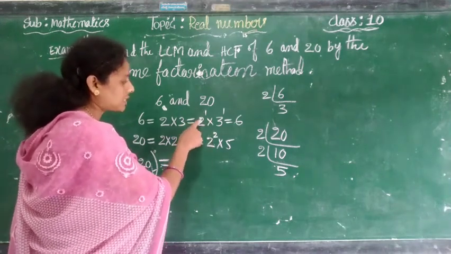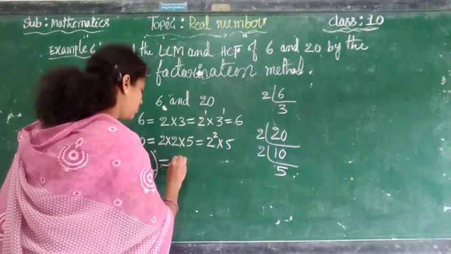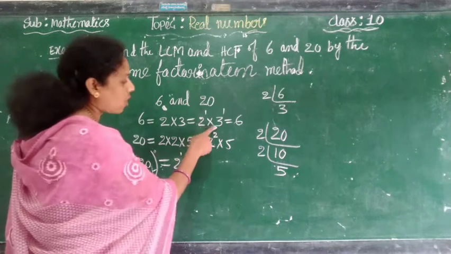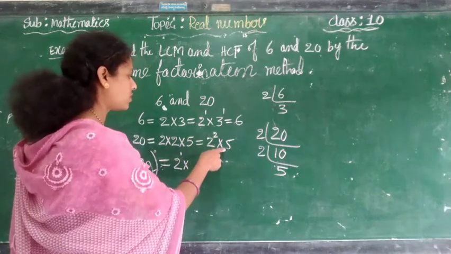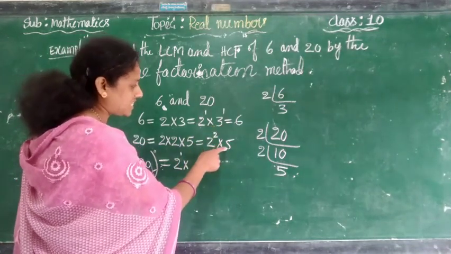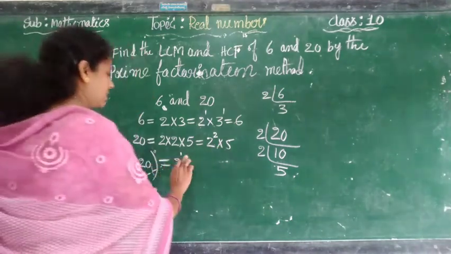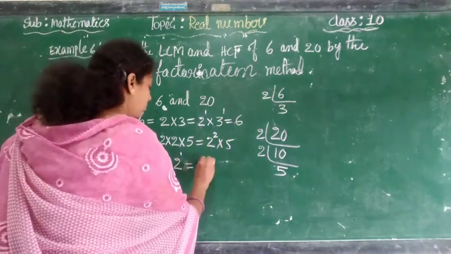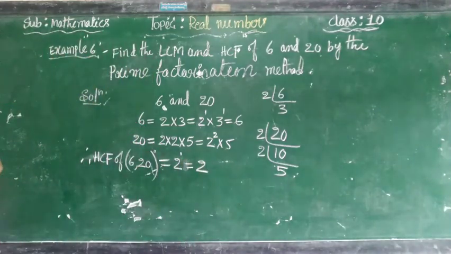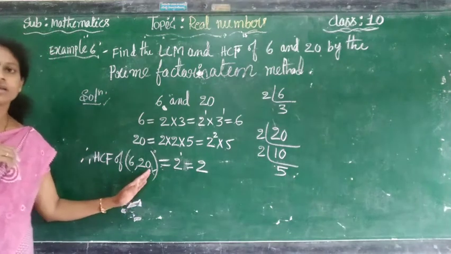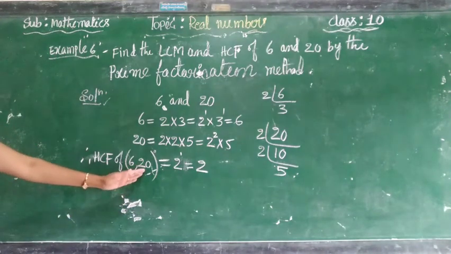The smallest power is 2 to the power of 1, which is equal to 2. So the HCF is 2.